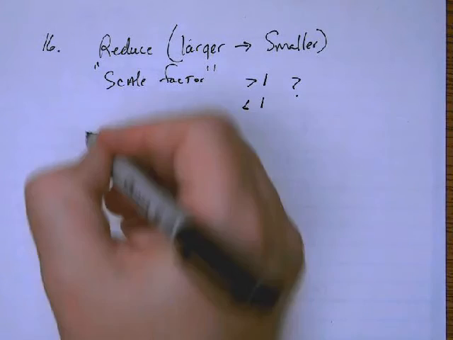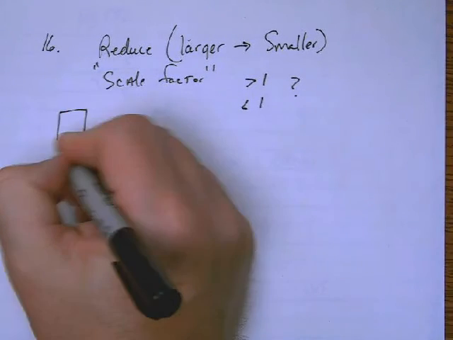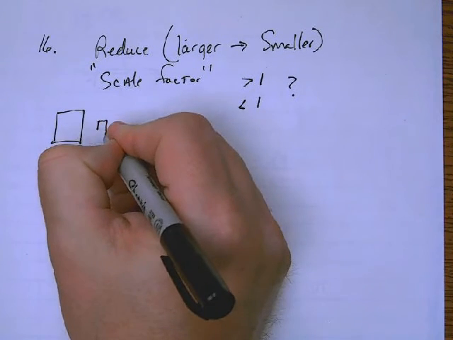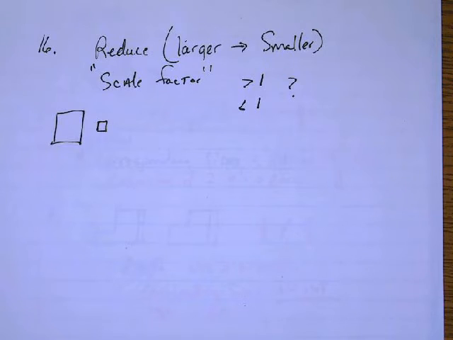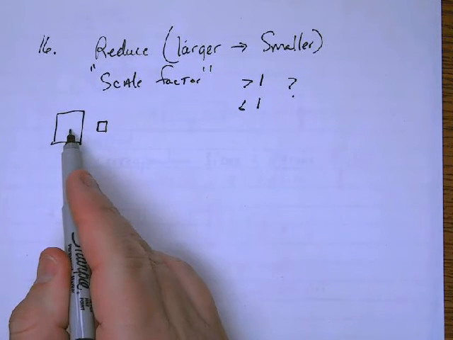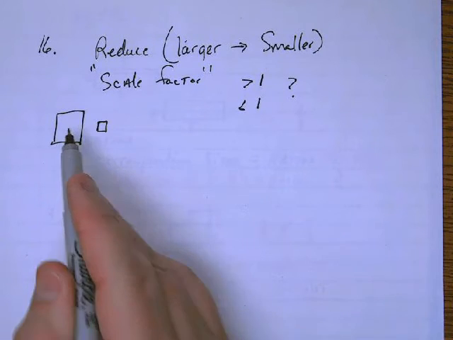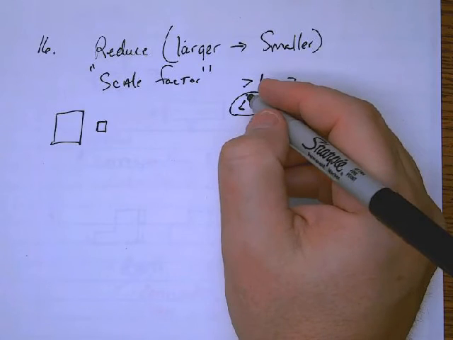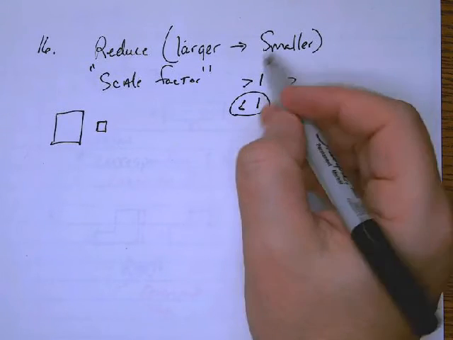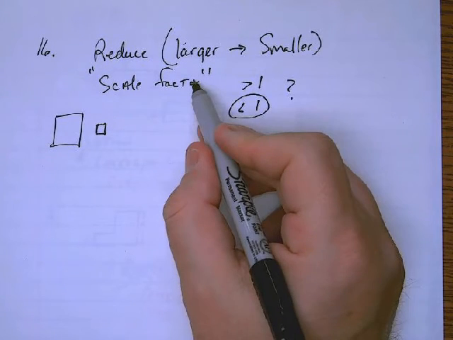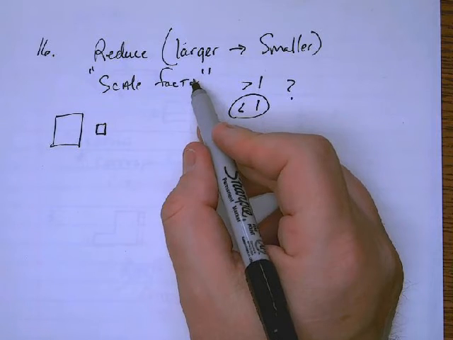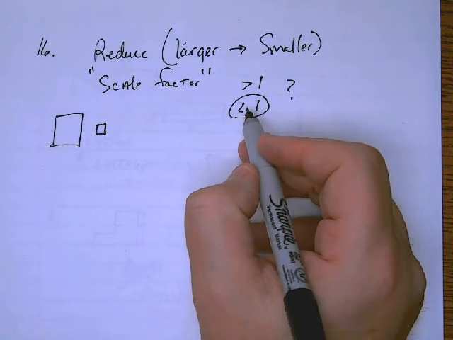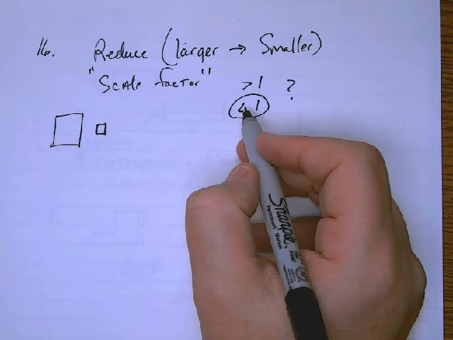If I'm going from something larger to something smaller, would I have to multiply this by a value of 3? Wouldn't that make it 3 times bigger? Ah, that's right. Does that make sense to everybody? So I need to make sure when I'm done that my scale factor has a value that's less than 1. That's a fraction. Does that help?